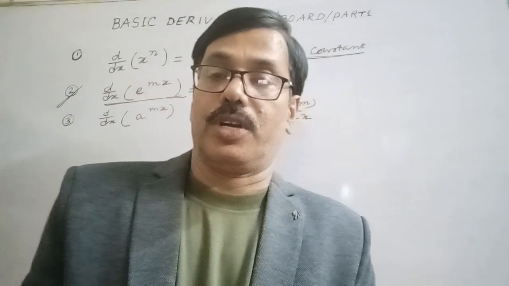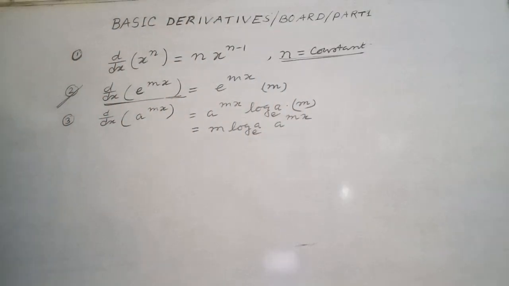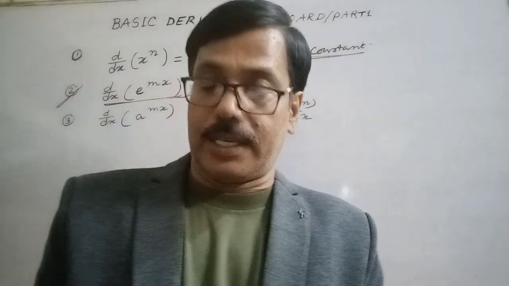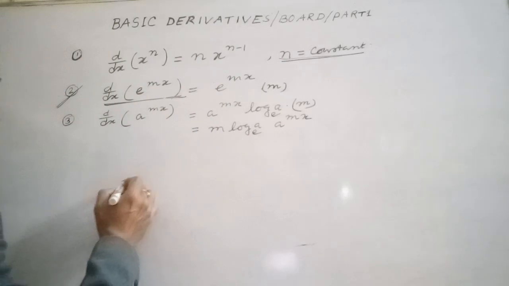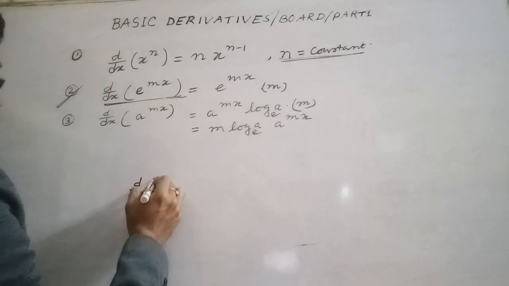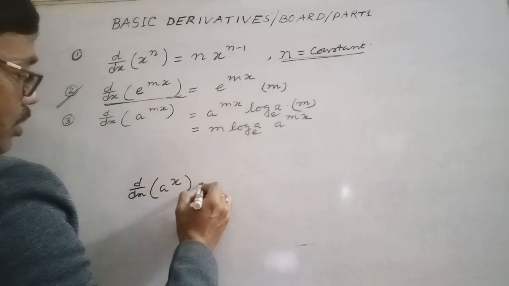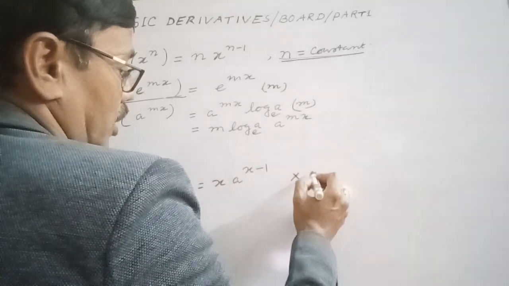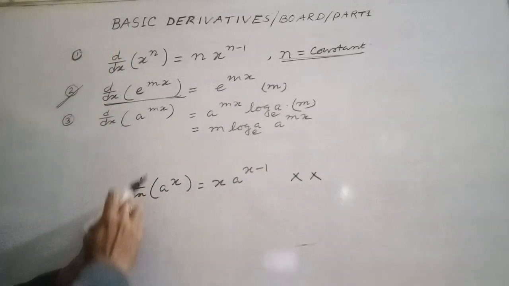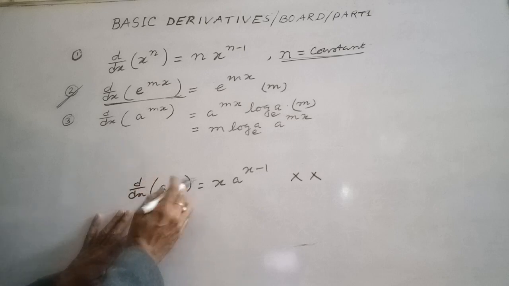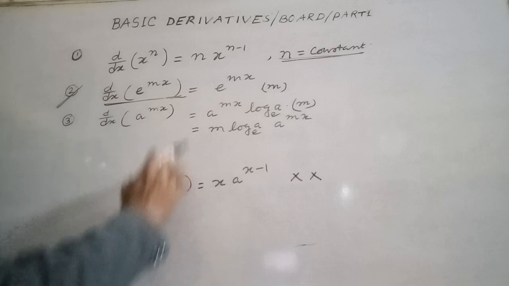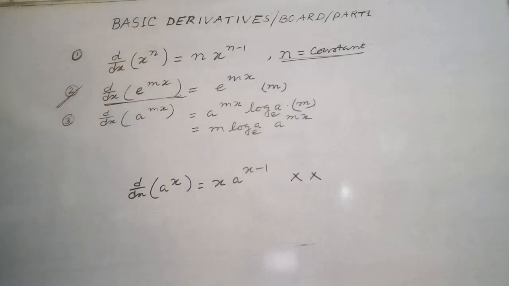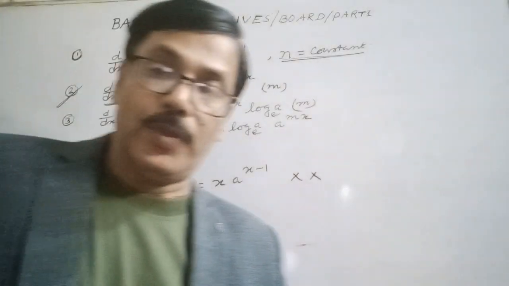This should be noted. Most students write the derivative of a to the power x as x into a to the power x minus 1. This is wrong, because that formula applies if n is constant and the base is variable.